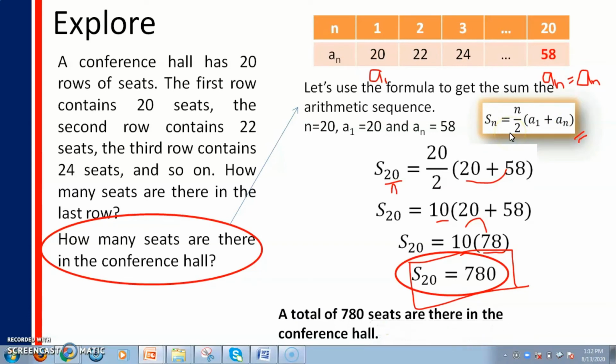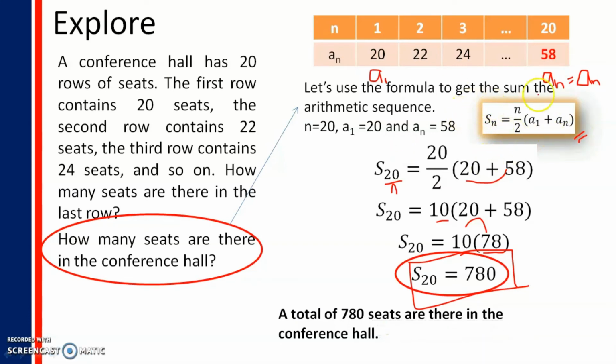We can only use this formula if our arithmetic sequence is finite, meaning there is no ellipsis that follows. Because how would you find the end if it is not finite?